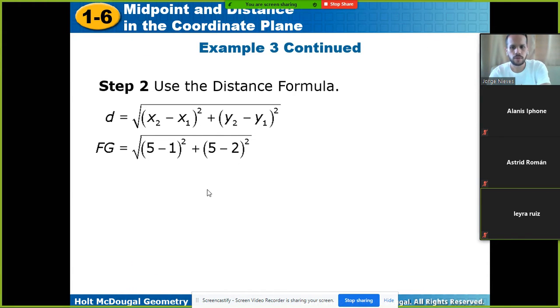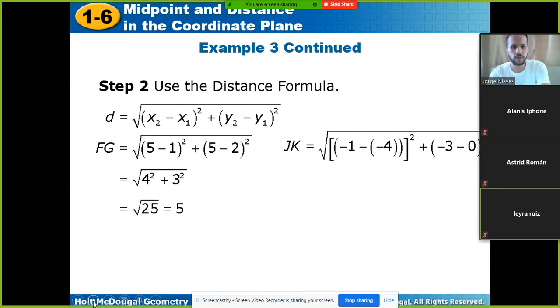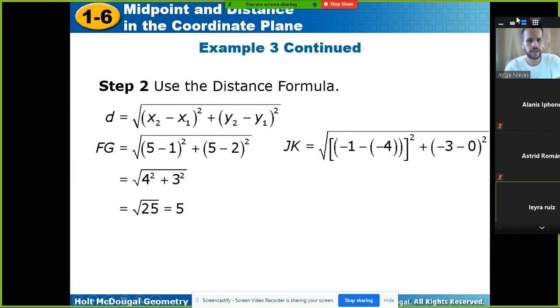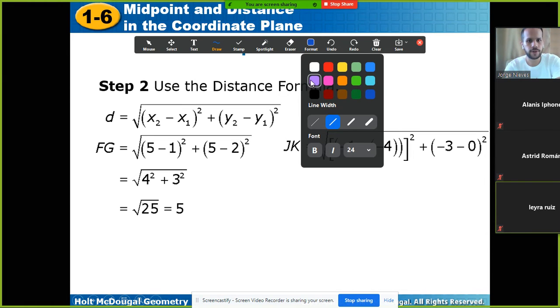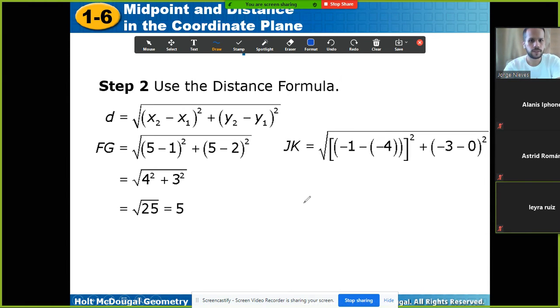So now the answer is 5. So let's do the other side. We also have the coordinates of JK. Let's do this quick so we can see if they are congruent or not.